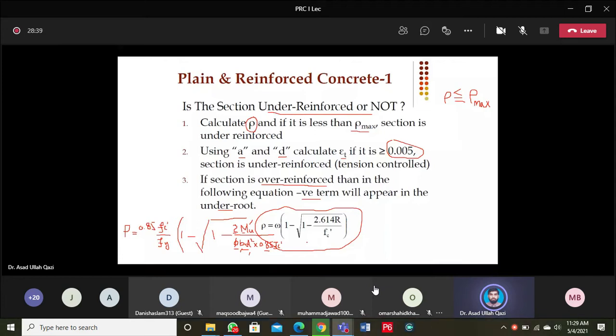In order to get under reinforced behavior, you need to reconsider the section dimensions, because the rho you are estimating will not be the one that gives you rho equal to or less than rho max. So I am going to apply this equation in the design problem, and over there I will discuss this factor again.